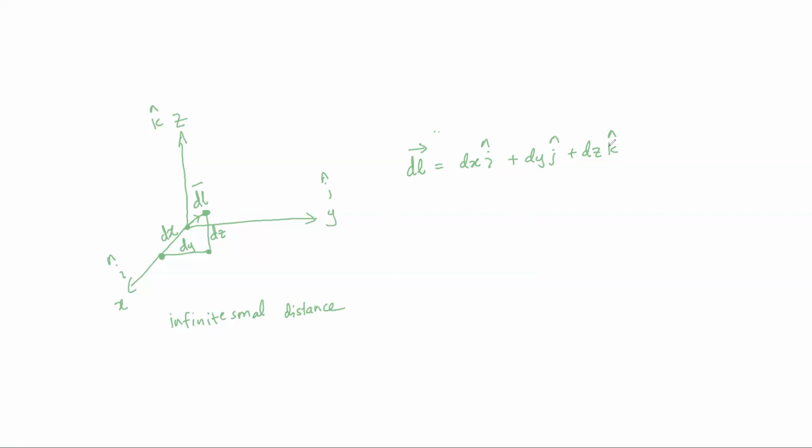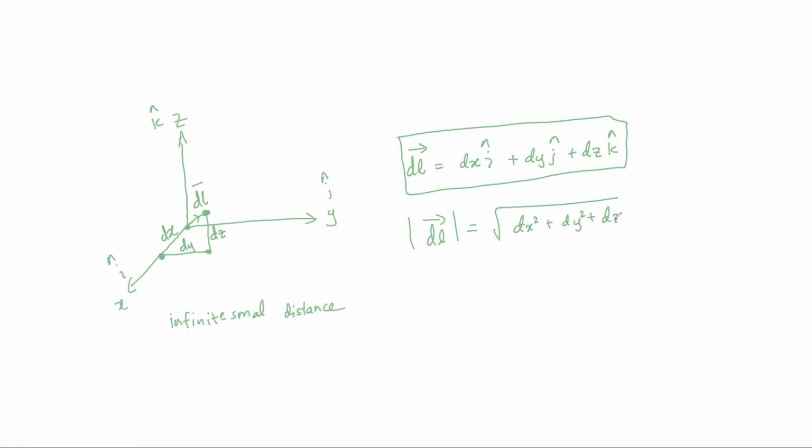So this is the way we can denote the dl vector. Yeah. So the magnitude of the dl vector we can denote using the square root of dx squared plus dy squared plus dz squared, right?